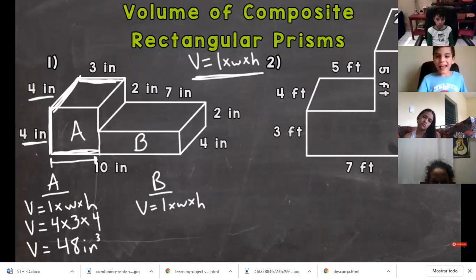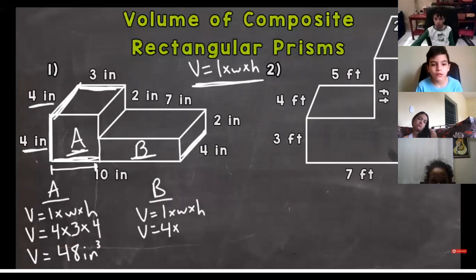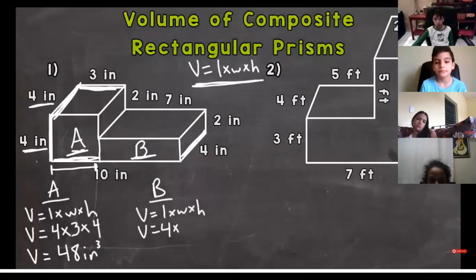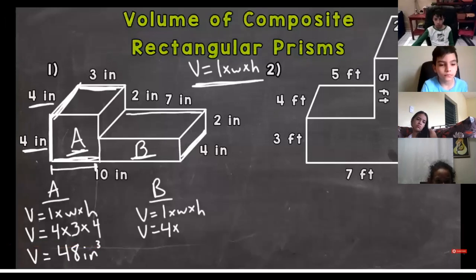Now, we're halfway done with the problem because that is the volume of just A. Now we need to do B. The length, how far back? Well, 4 inches, times the width. Again, don't use that 10. That 10 goes all the way across and includes A and B. We just want the width here, which is going to be 7 inches.